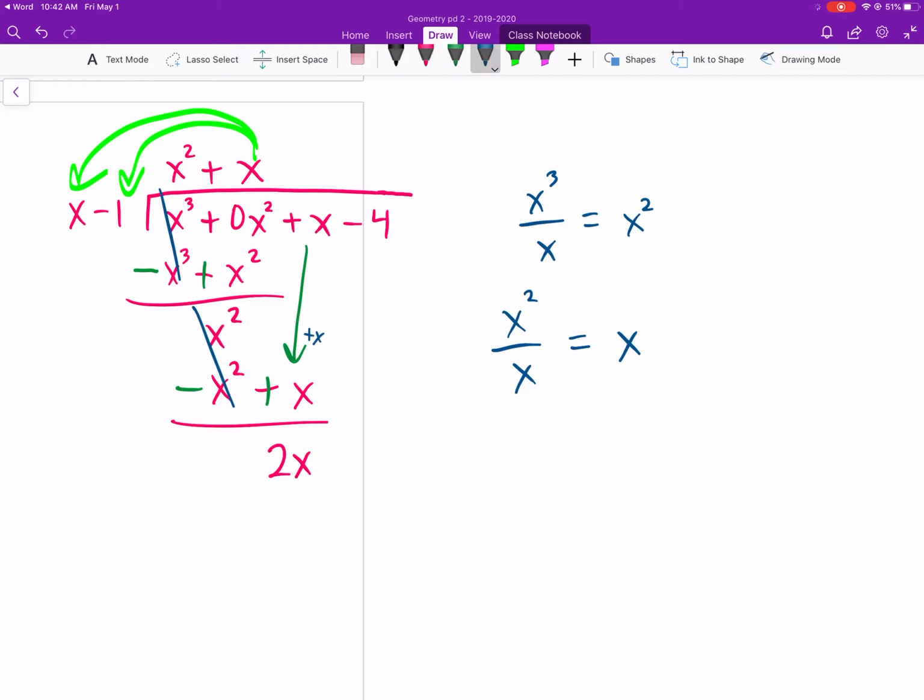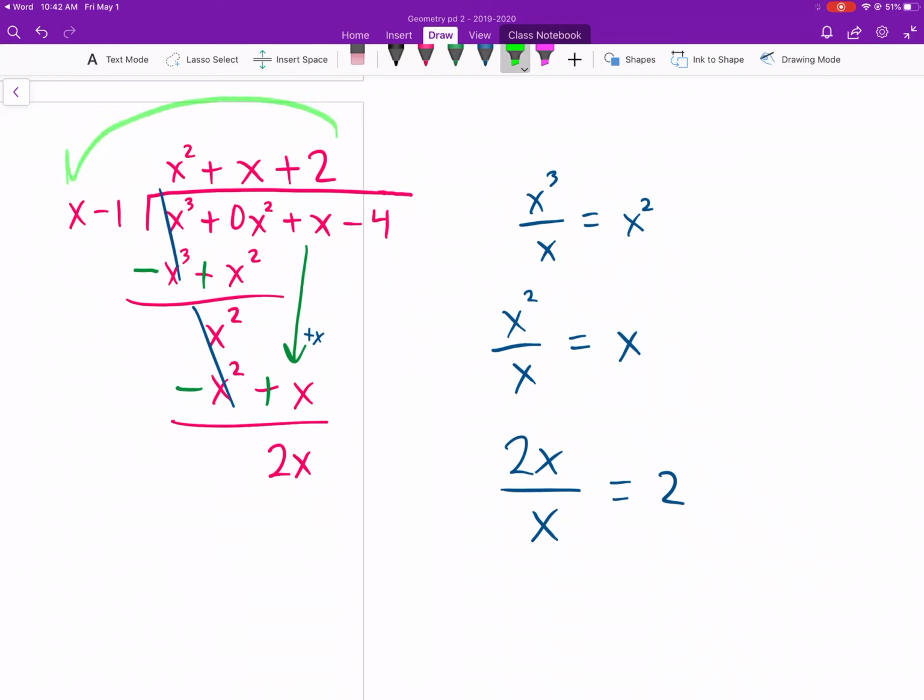So take that value you just got of 2x, divide by x again, the first term. That gives you 2. Put that value up top, plus 2. Now you take that 2 and you multiply by everything out here. 2 times x is 2x. 2 times negative 1 is negative 2.